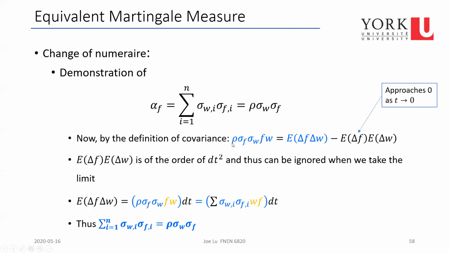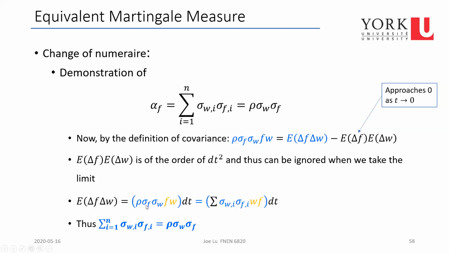So then at the limit, when delta t is approaching 0, basically rho times sigma F sigma W is equal to the expected value of delta F times delta W.